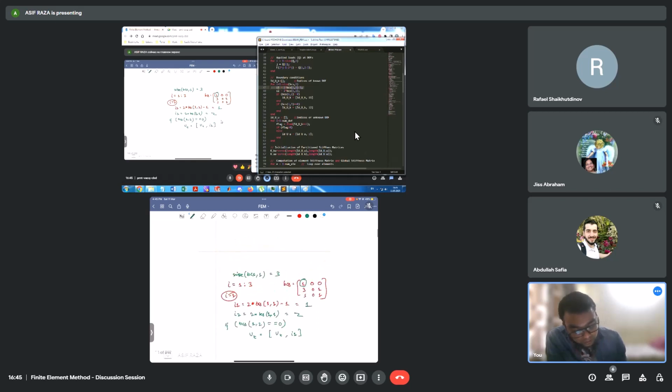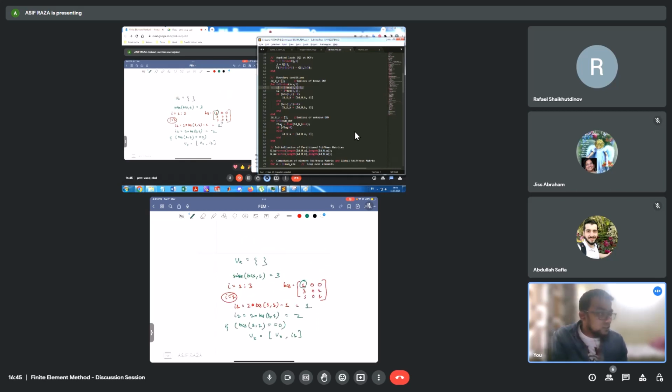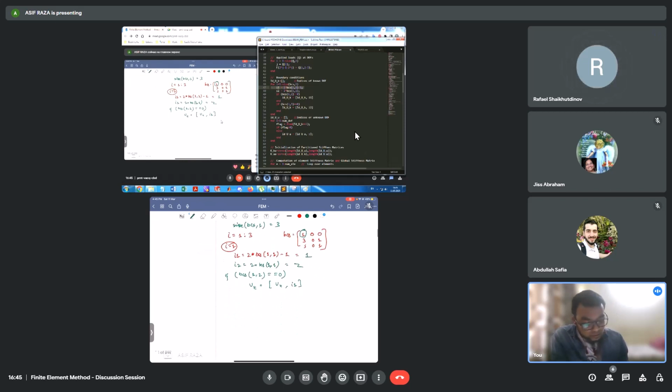See, as of now UK is just a null vector, it doesn't have anything, right? So we are filling this statement. This 1 comma 2 is this one, and it is coming out to be 0. So it's true.